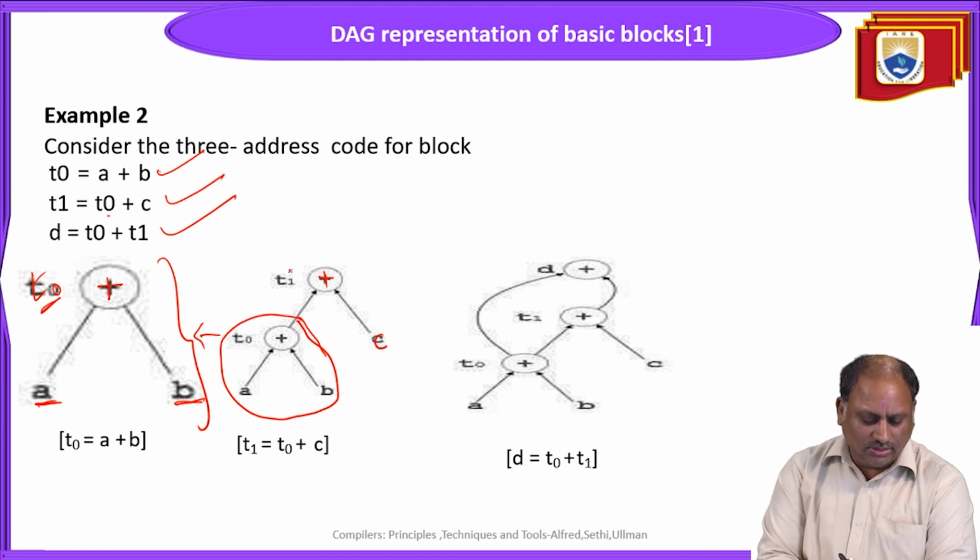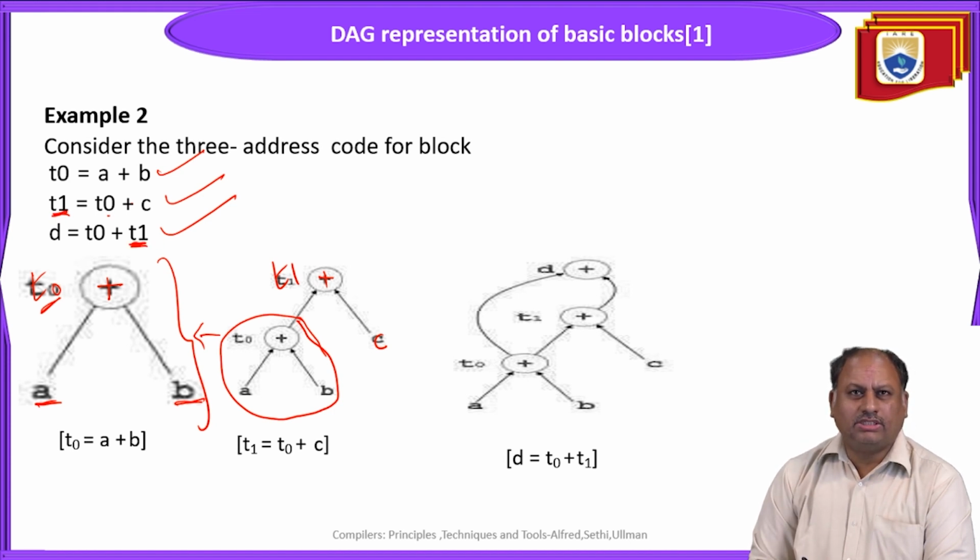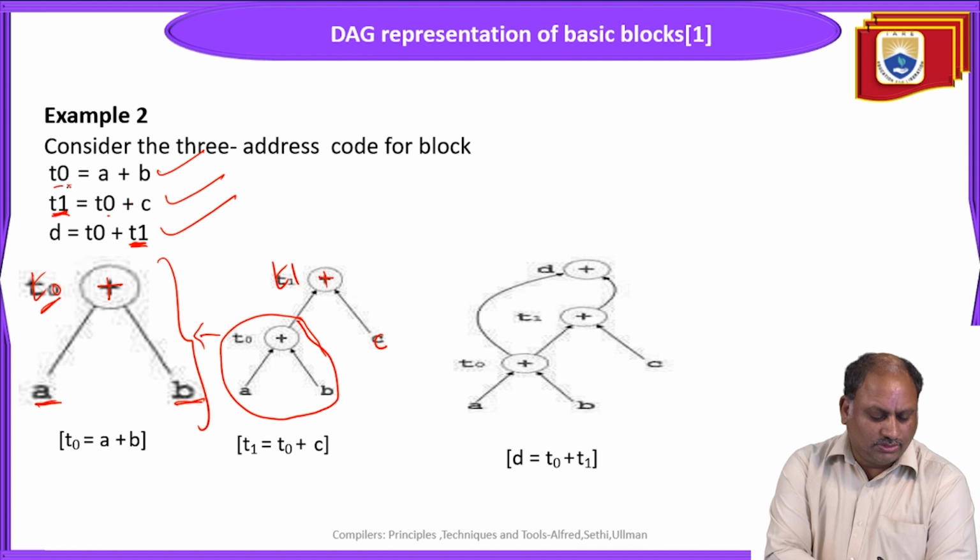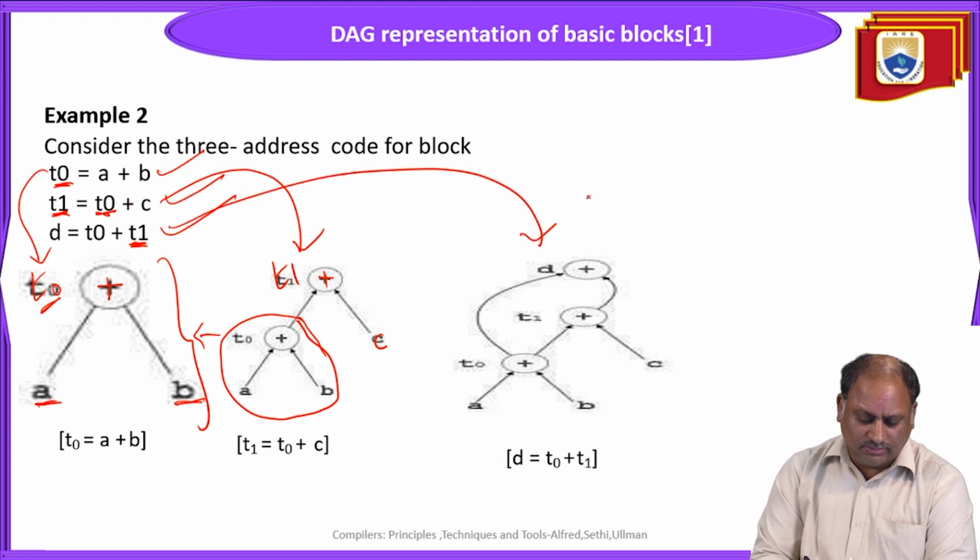And then what we got? T1. Now this T1 is used in the next 3-address statement, and T0 is used as well. So this one refers to this one, the second refers to this one, and the third refers to this one. T1 equal to what?